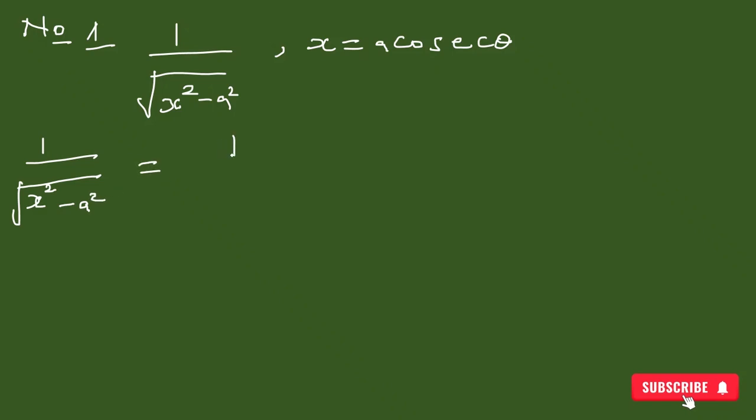When we substitute, this will be 1 over the square root of x, which is now a cosec theta, remember this is squared, minus a squared.